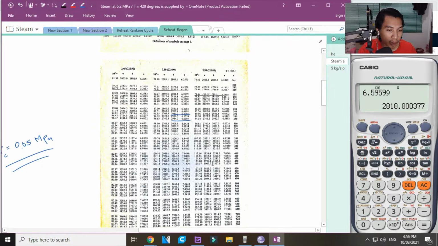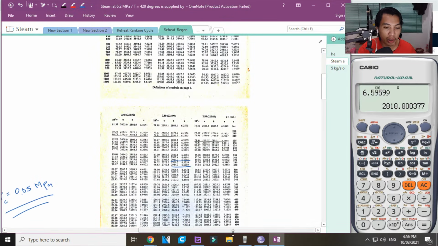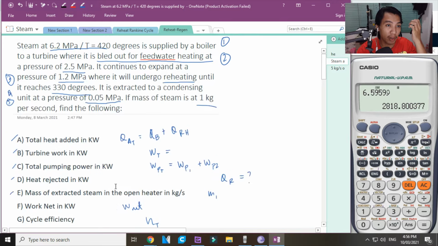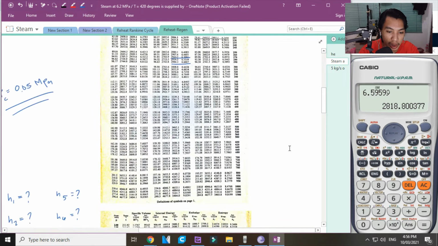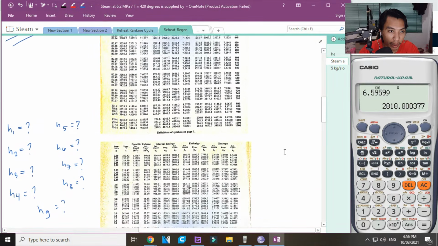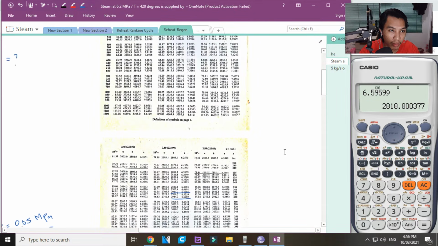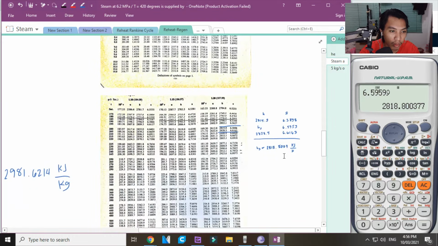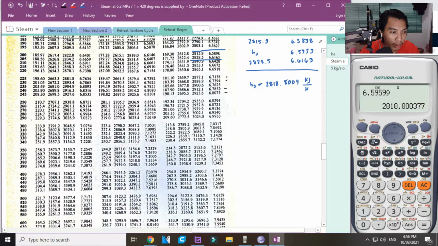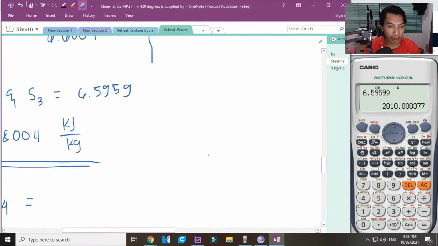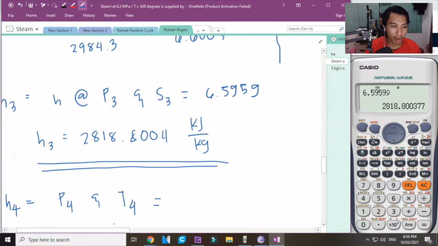And then, ano siya? 330, kung di ako nagkakamali. Let us follow. Ayun, 330 degrees. 1.2 and 330 degrees. Lagyan natin. 1.2, where's 1.2? Yun. 330. Ayun. This one. 3110. Okay, 3110.